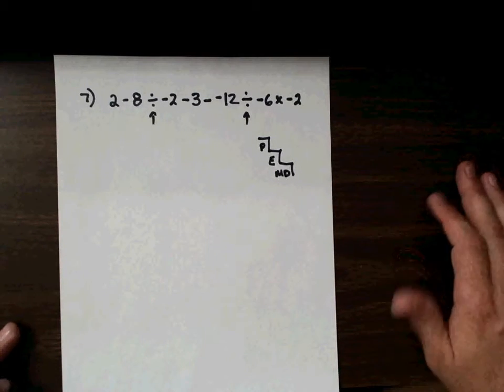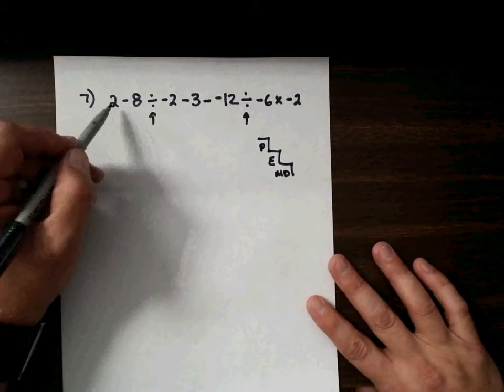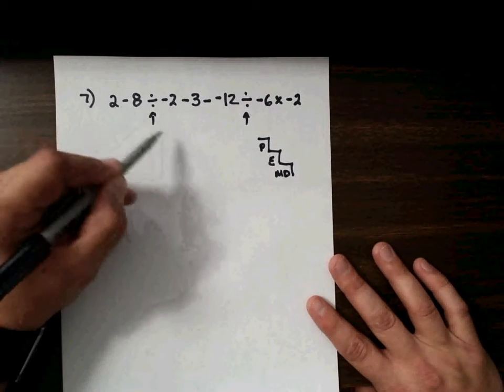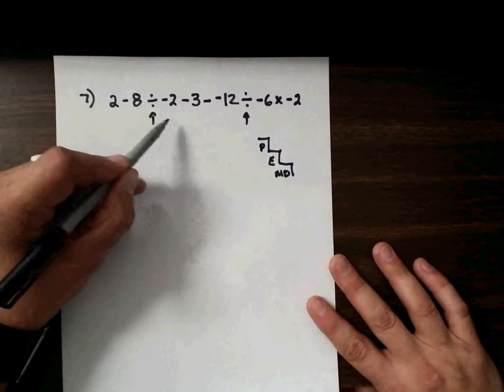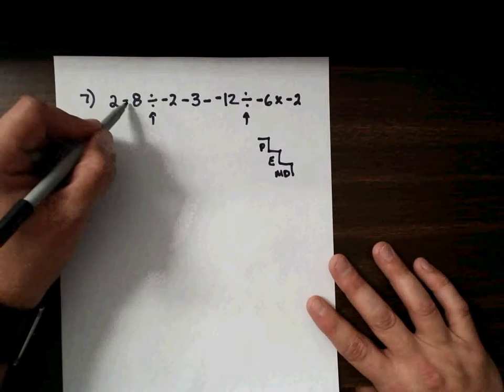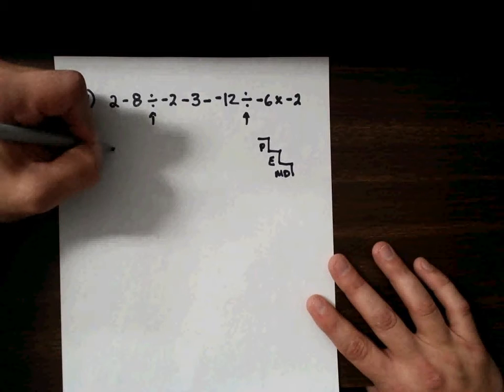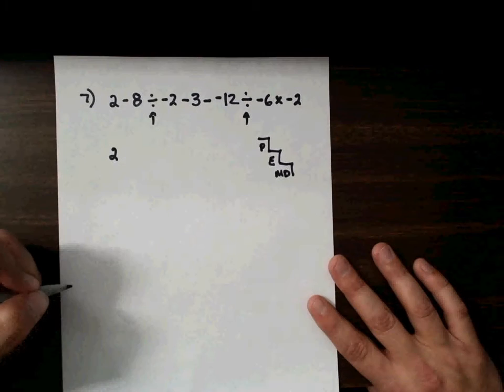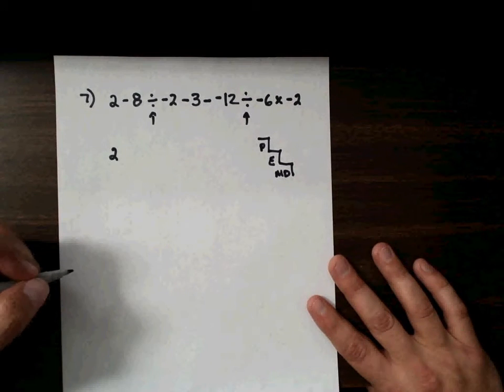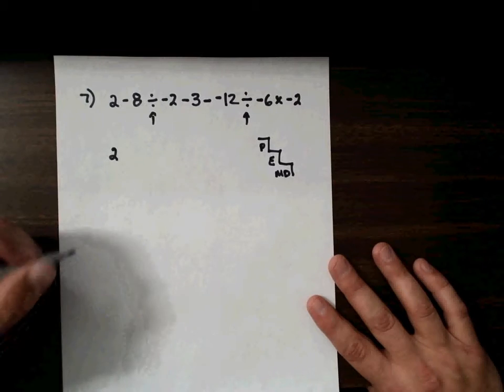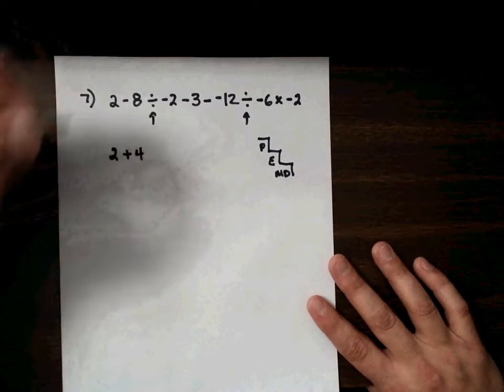All right? So the first thing I do, do I do subtraction first? No, I have division. So this is negative 8 divided by negative 2, which is what? Negative 8 divided by negative 2 is? Okay.